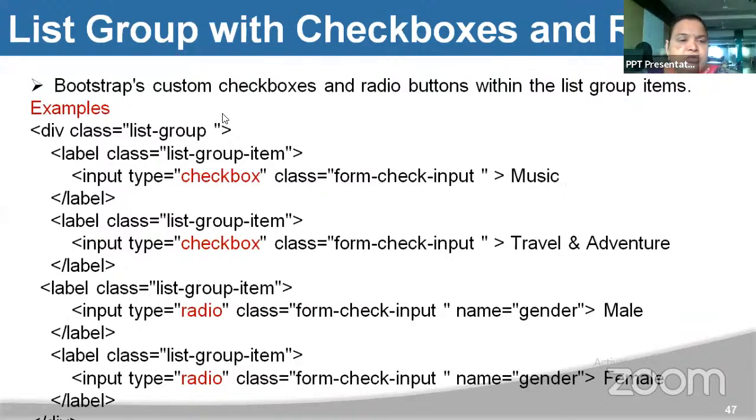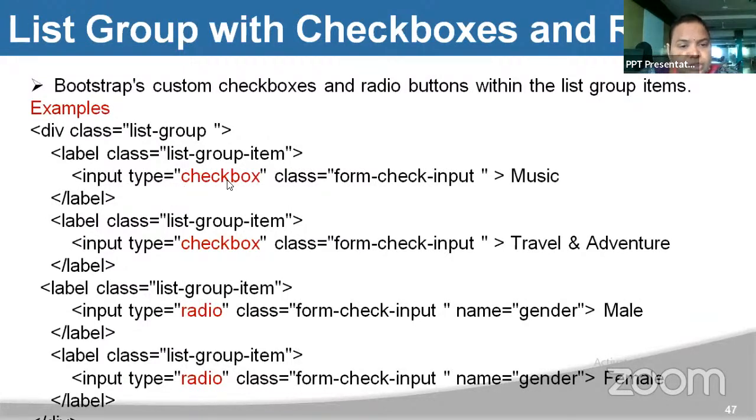List group items. Whenever you want to, in front of the list you can put the checkboxes or the radio buttons. As usual, a label is the message displayed on the screen, and you use the class name list-group-item. Then, as in HTML forms, input type is equal to checkbox or radio.